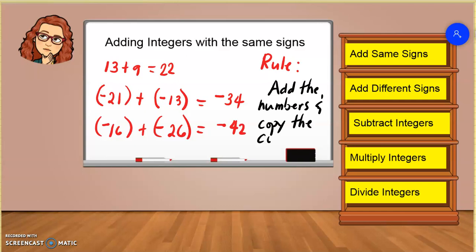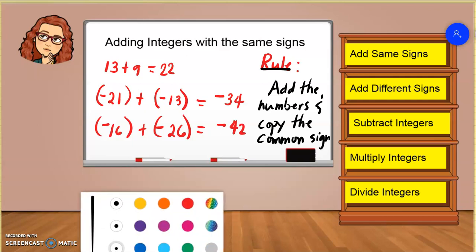So whatever sign you can see for both that is common for them, just simply copy them. Right? So that is about adding integers with the same signs. Again, you'll just simply follow this rule: add the numbers, and copy the common sign.